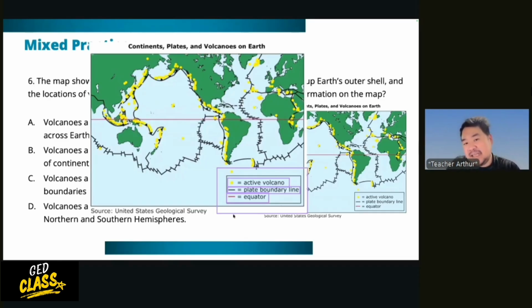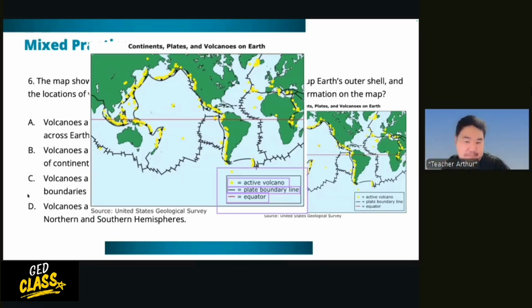Do you notice anything about the yellow and the black, or the yellow and the red, or the red and the black, just from your first look at this map? What do you notice here regarding the map? Yeah, that the yellow kind of surrounds the black. So it's not saying that the yellow is everywhere the black is, but the yellow tends to be where the black is.